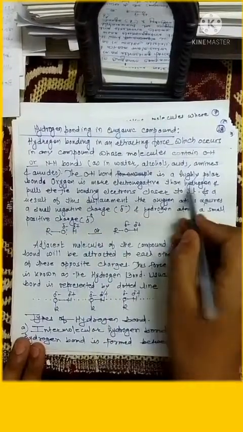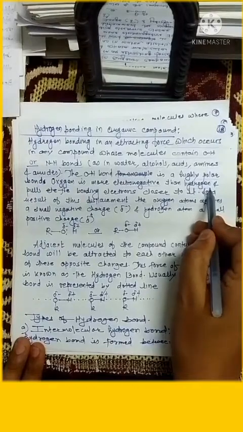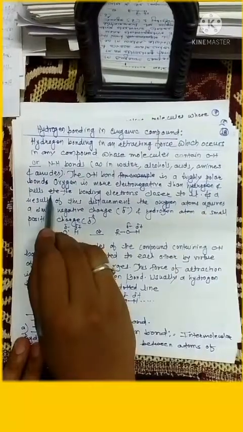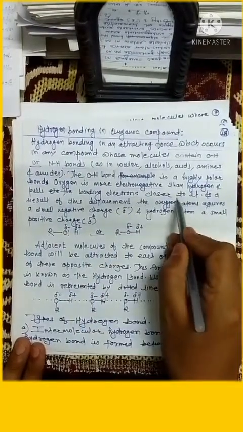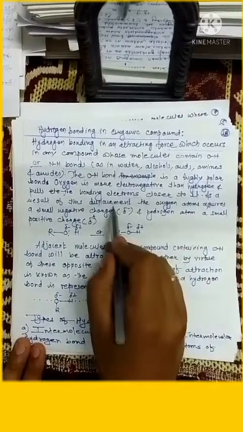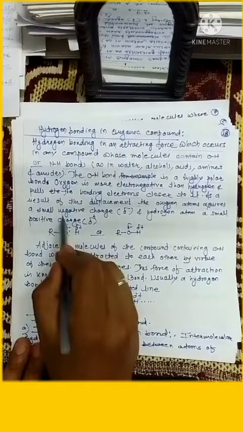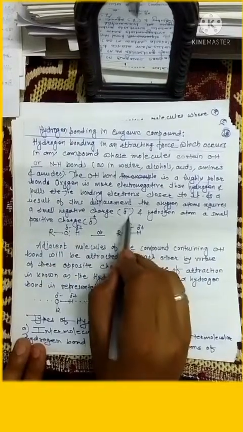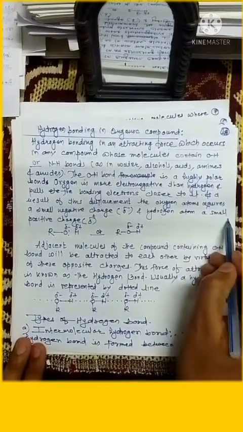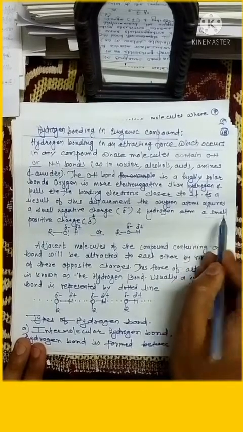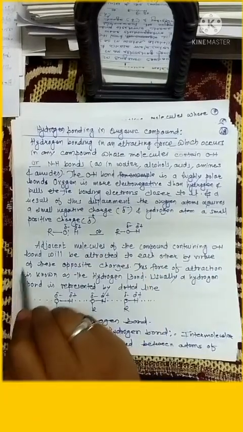Oxygen is more electronegative than hydrogen and pulls the bonding electron closer to it. As a result of this displacement, the oxygen atom acquires a small negative charge, that is del negative, and the hydrogen atom gets a small positive charge, that is del positive.